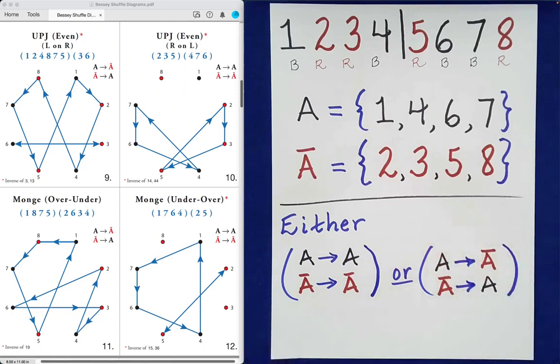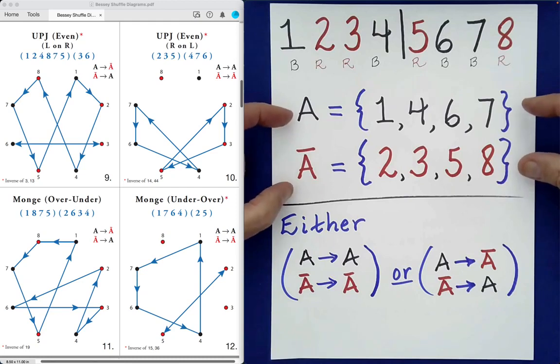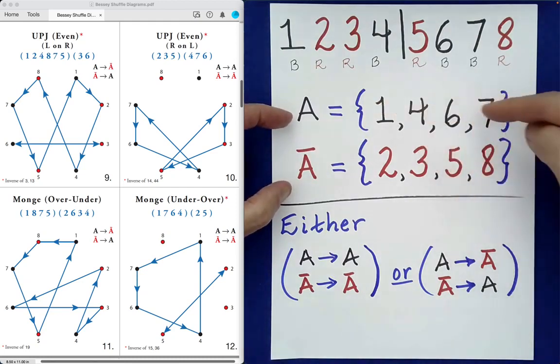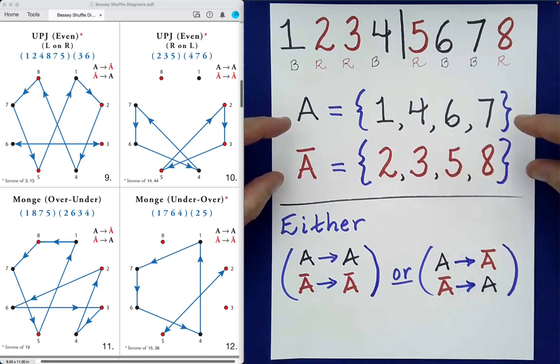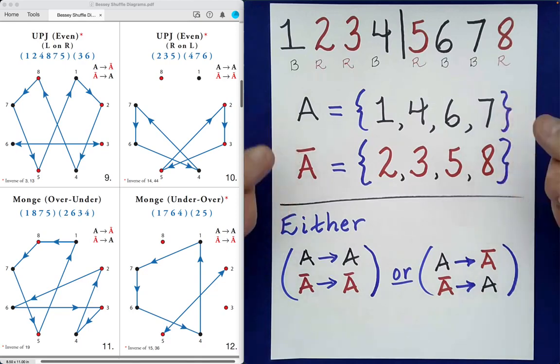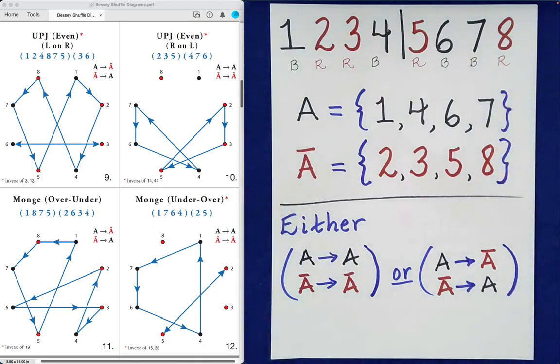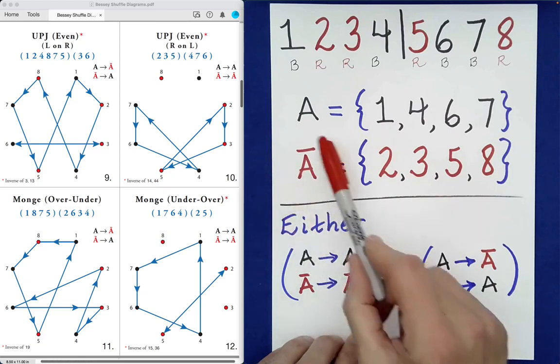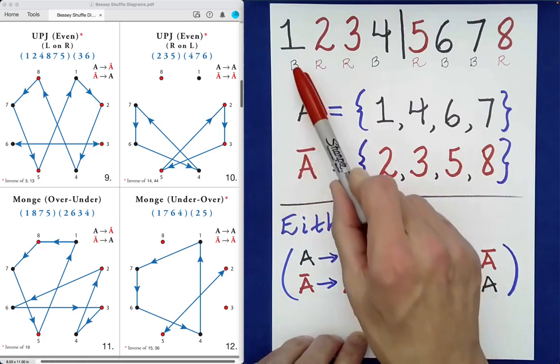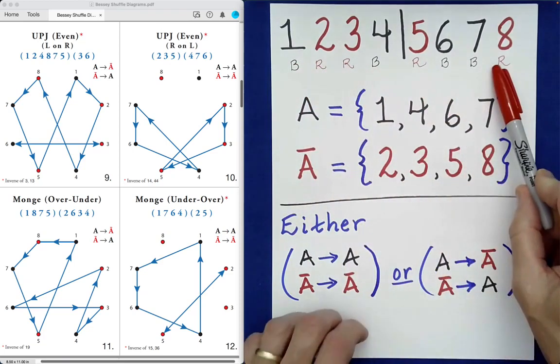And to quickly remind you, inversion occurs when the cards in positions 1, 4, 6, 7 get moved to positions 2, 3, 5, 8. So it's as if the position values in these two sets get switched, and we call that an inversion. To aid us in distinguishing between the elements in A and A complement, the digits here have been color-coded.